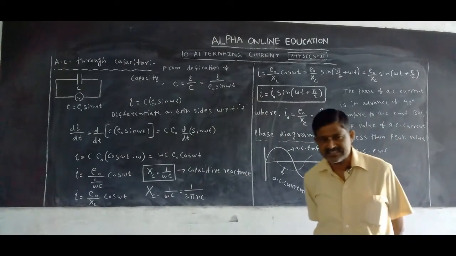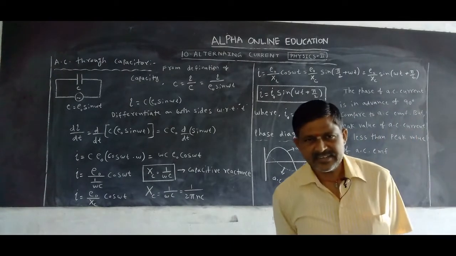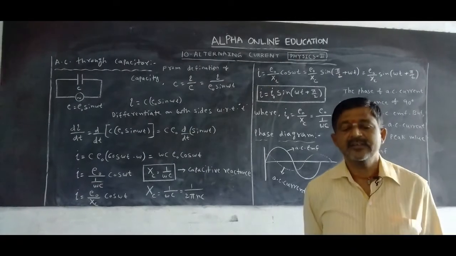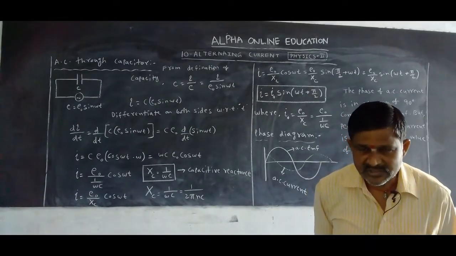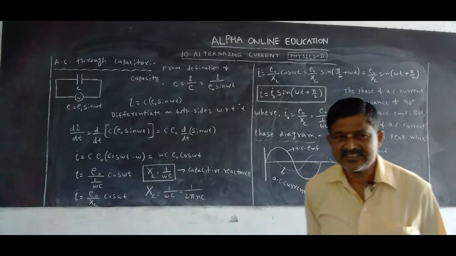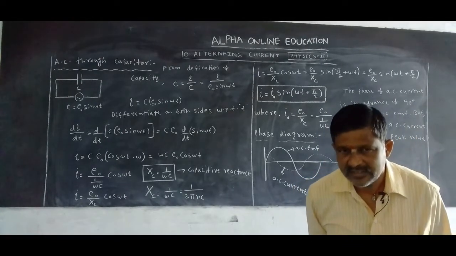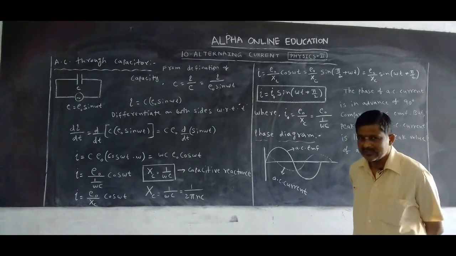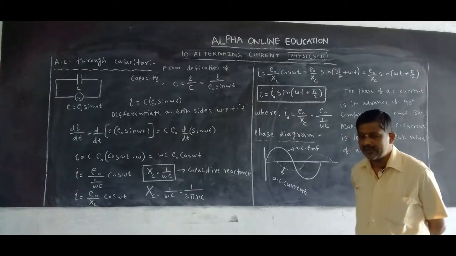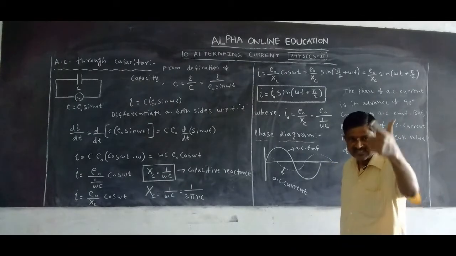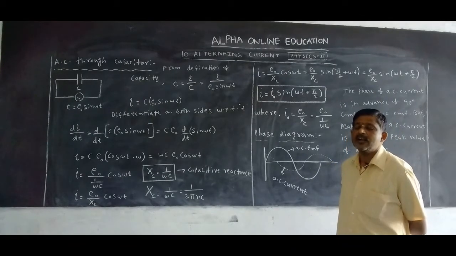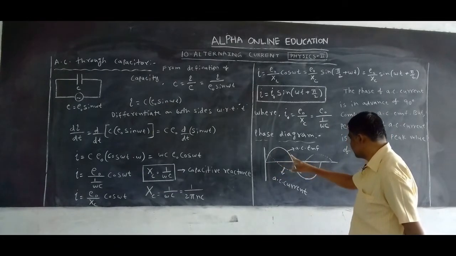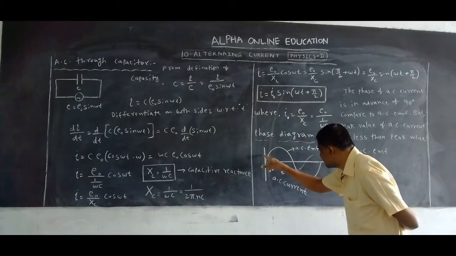When the generator is connected to the capacitor, how much current passes through the capacitor? The current through the capacitor is I is equal to I0 sin omega t plus pi by 2. Here what happened? The current is in advance of 90 degrees compared to the EMF. Now let us take a phase diagram. This is for AC EMF, but AC current starts from here.